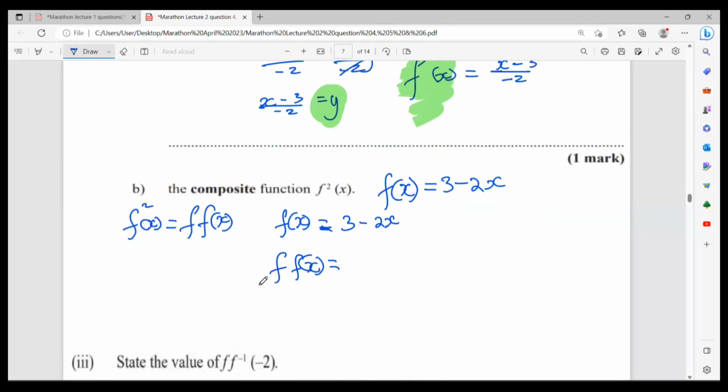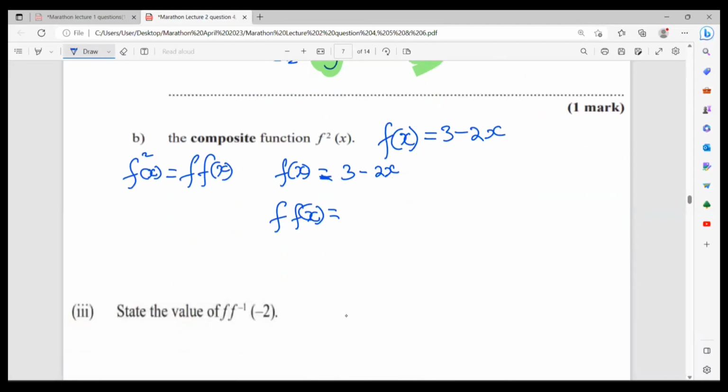All right, good. So for this one, I was saying to you that the important thing to note is this part. This is the meaning of it. It does not mean to multiply it by itself. So anybody who runs ahead and does this, that is algebra, that's not functions.